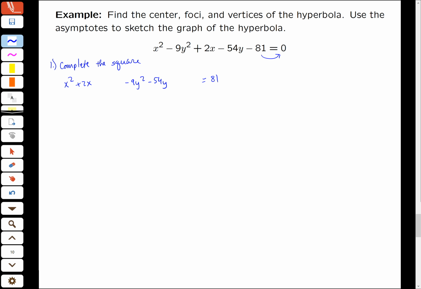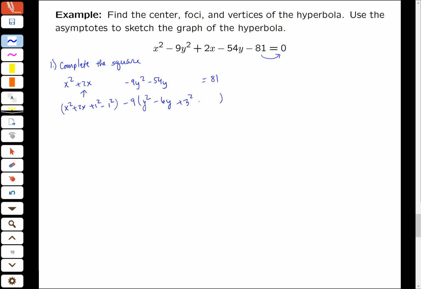What is half of 2? 1. So we have x squared plus 2x plus 1 squared minus 1 squared. Factor out the 9. And you have y squared minus 6y. And what is half of 6? 3.